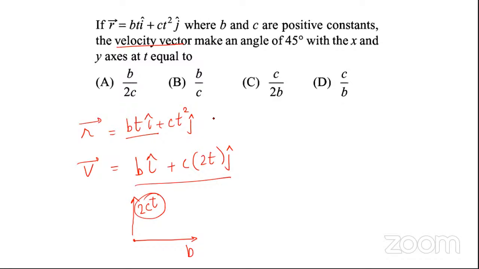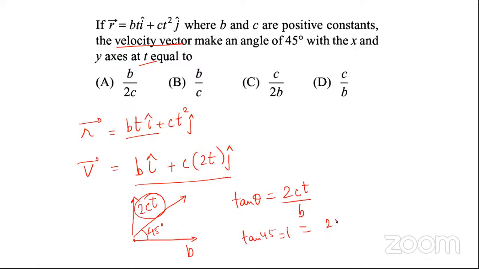So what do we want to find? We want to find the value of t such that the resultant vector makes 45 degrees with both of these axes. So we can simply find tan theta of the variable vector, that is 2ct upon b, and theta is 45, so tan 45 becomes 1.